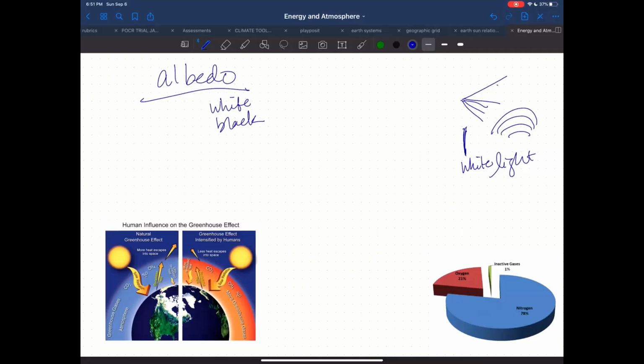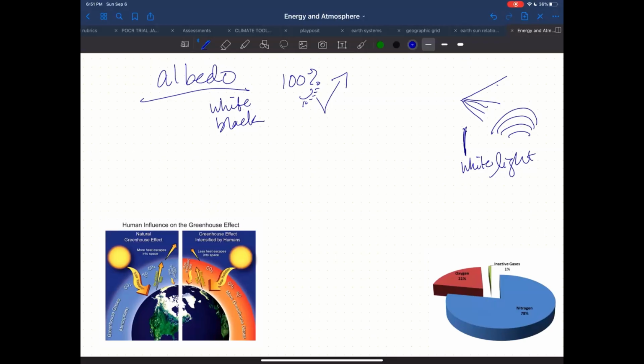Albedo is given in percent. So 100% albedo would be 100% reflection of the sun's energy. And so it's going to be somewhere between 0 and 100, but in the natural system, we don't really have 0 and we don't really have 100.